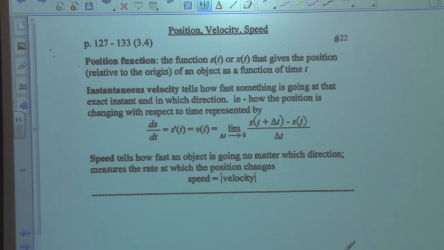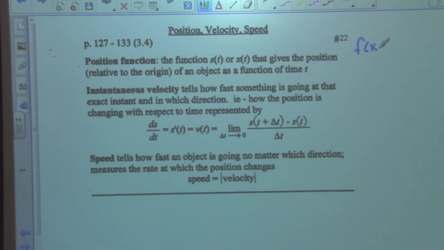We're going to go on, start talking about position, velocity, speed. This is going to be physics flashback. It really is an element of physics. When you talk about position and velocity, what you have is an equation.